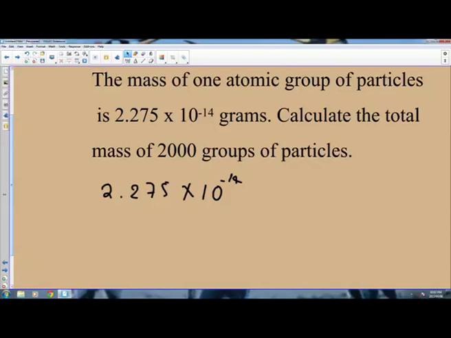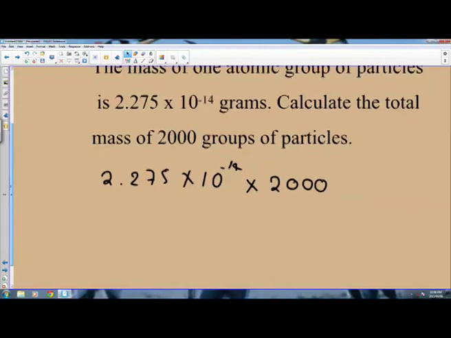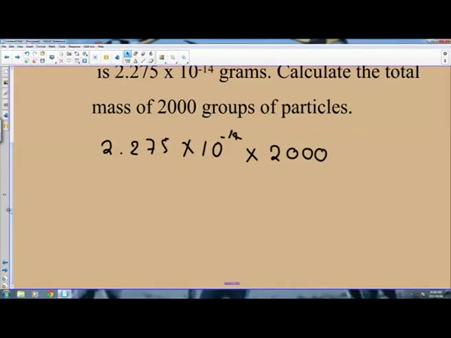If one is 2.275 times 10 to the power negative 14, now if they are 2,000, it means we have to multiply this by 2,000 grams. And then this is 2.275 times 10 to the power negative 14 times.